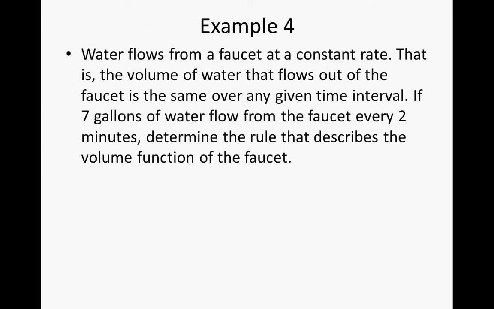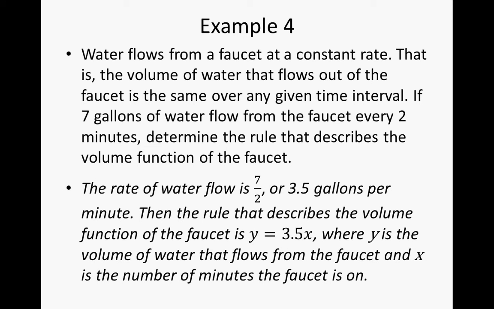All right, example 4. Water flows from a faucet at a constant rate. That is, the volume of water that flows out of the faucet is the same over any given time interval. If 7 gallons of water flows from the faucet every 2 minutes, determine the rule that describes the volume function of the faucet.